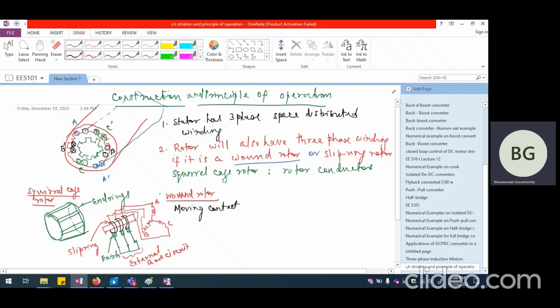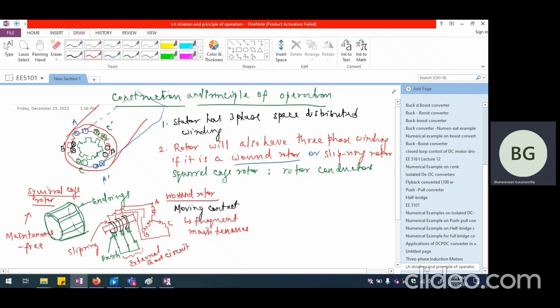But because of the moving contact, this will require frequent maintenance. We have to check whether the contact is happening properly or not. So this requires continuous observation and frequent maintenance, whereas the squirrel cage rotor is completely maintenance free.